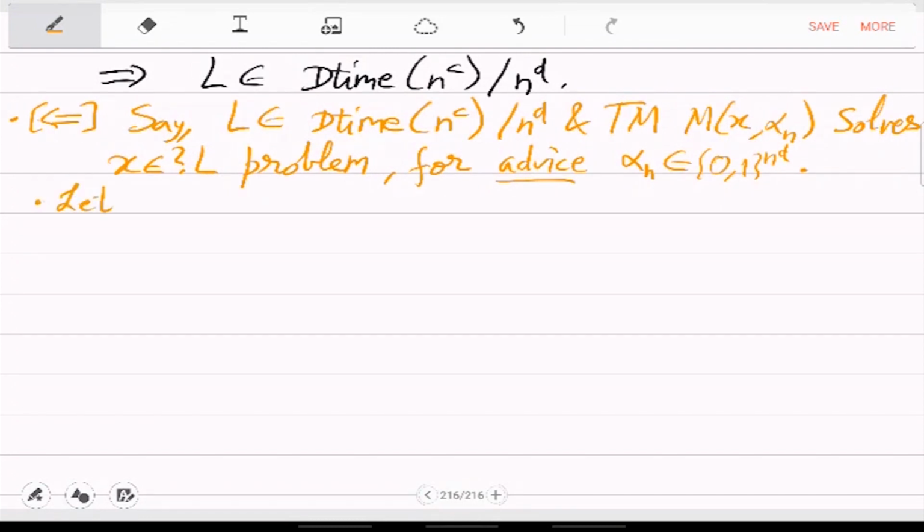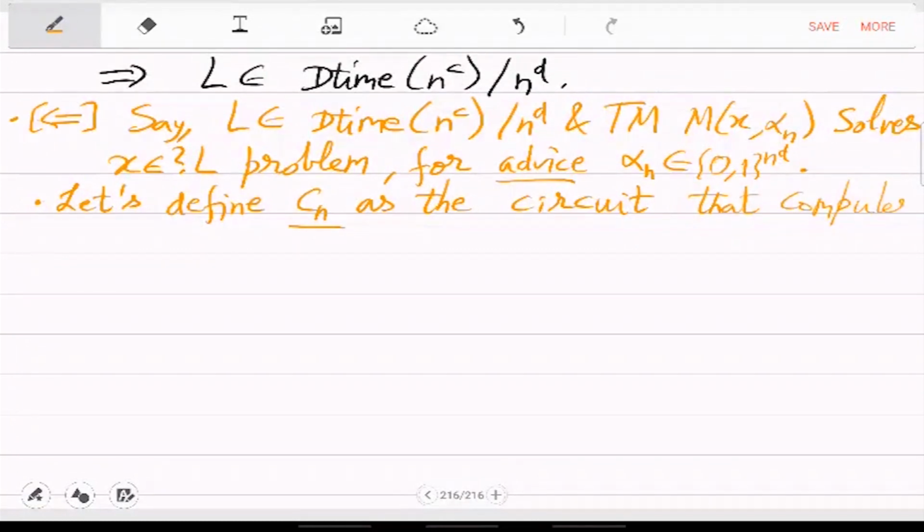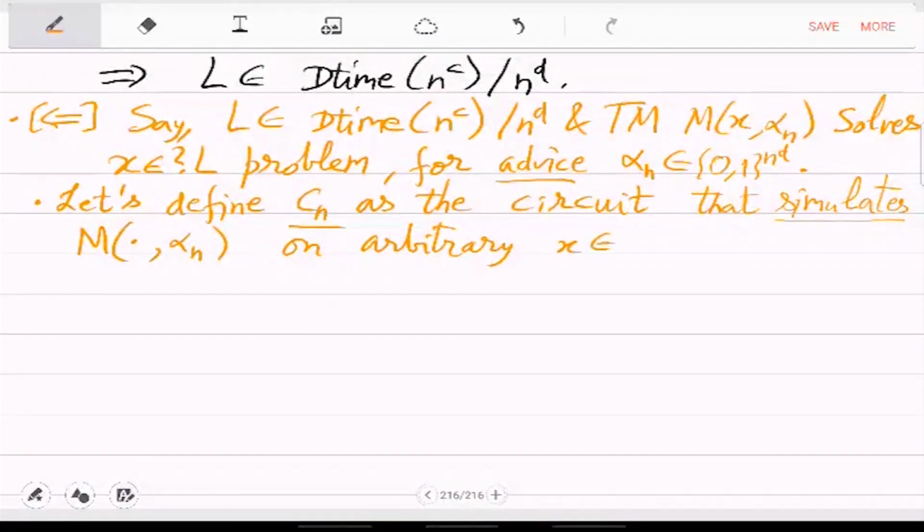So let us define circuit C_n as the circuit that simulates M given alpha n, on every input, on arbitrary x in {0,1}^n.